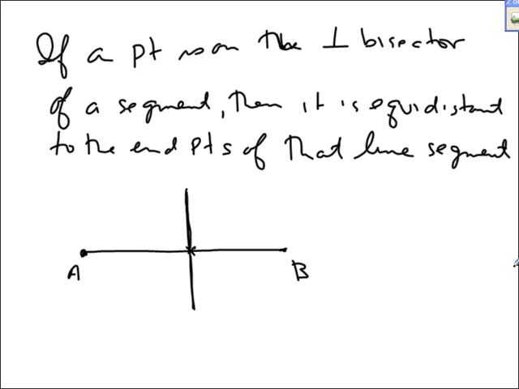Well, actually, that's not even true, but fine. If you pick any point on the perpendicular bisector, well, I picked 2 points, that distance and that distance will be the same.